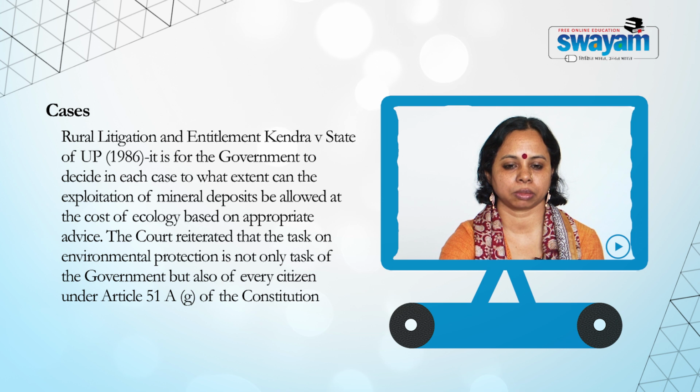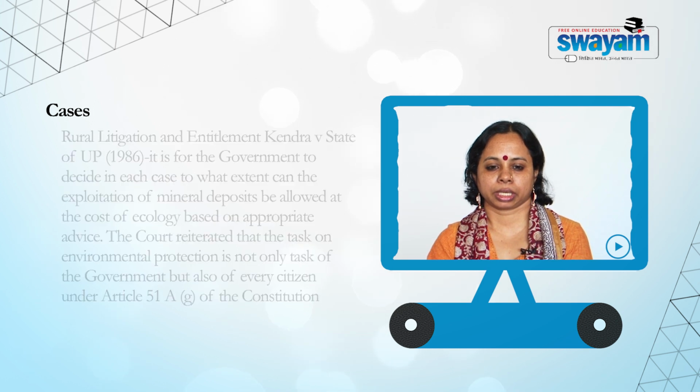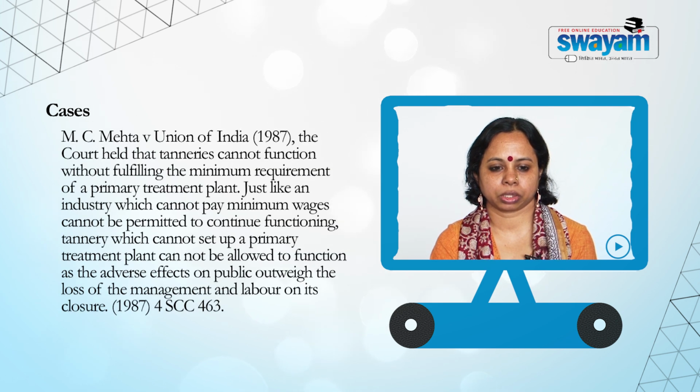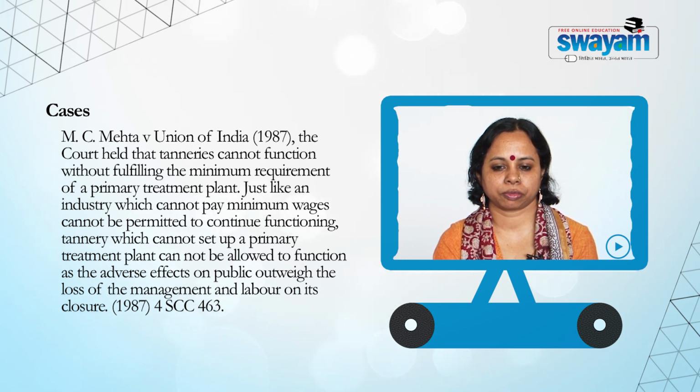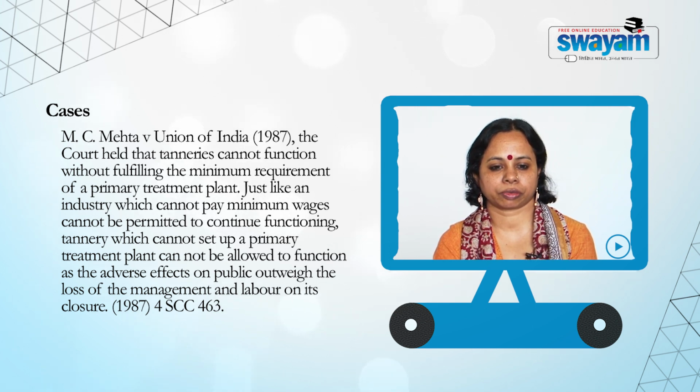Again in 1987, the court was dealing with tanneries discharging effluents in the Kanpur district, and the court said the tanneries cannot function without fulfilling the minimum requirement of a primary treatment plant.